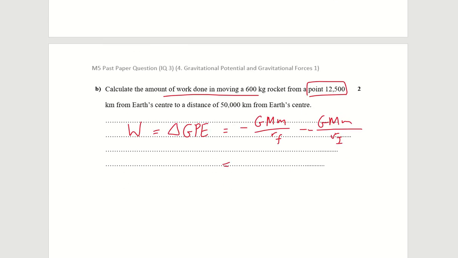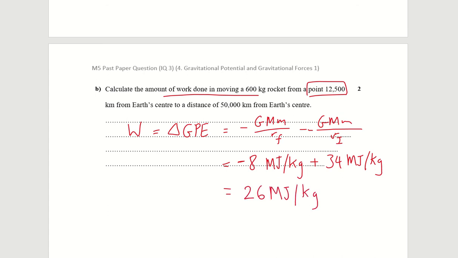Okay, so if we change that around, my final is negative 8 megajoules per kilogram plus 34 megajoules per kilogram. If I swap that around and plug it into my calculator, I get 26 megajoules per kilogram. That was the change I saw there.